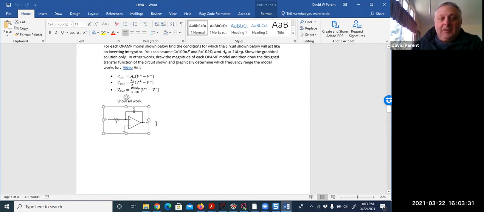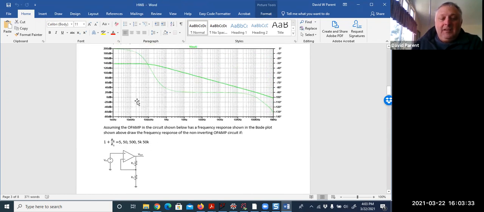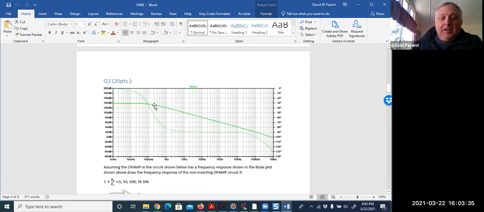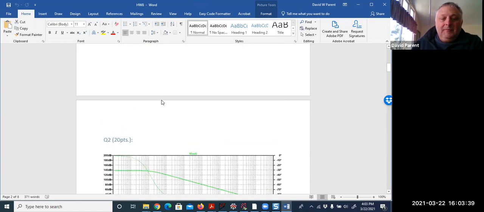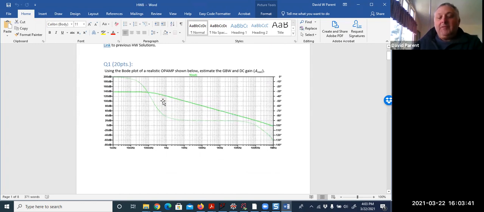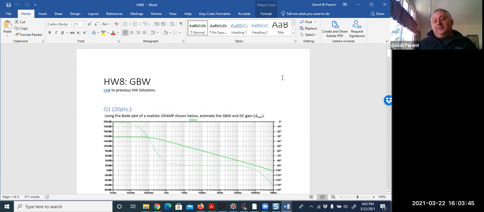It's just different circuits. You could get a question like 3, and 2 is built into every question. You can't understand anything unless you can define what the gain bandwidth and the open loop gain is.